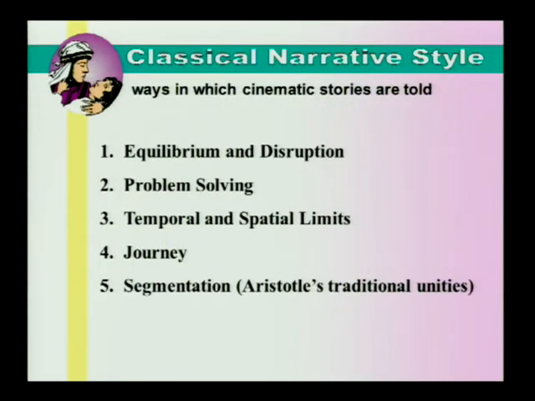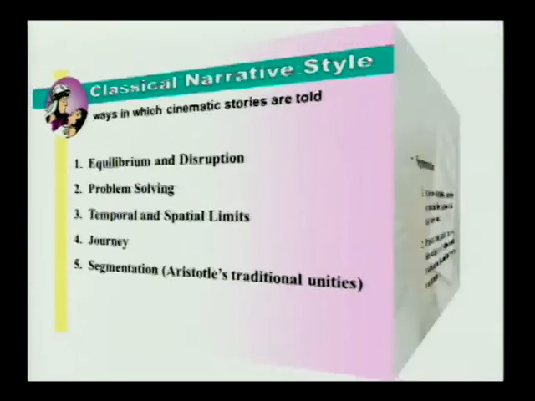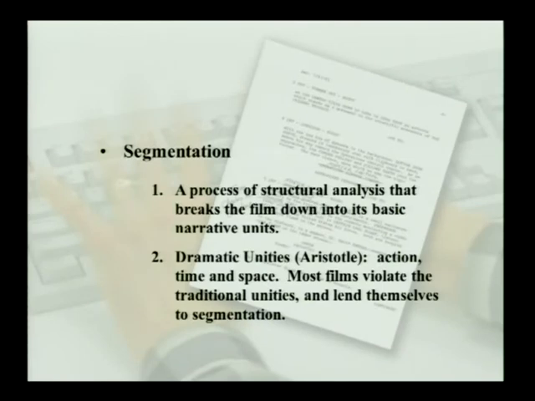Okay, and then finally they talked about Aristotle's traditional unities and how the movies don't bother with them. Segmentation is a process of structural analysis that breaks the film down into its basic narrative units. And making a film is essentially that as well. As you know, if you're involved in filmmaking, you understand that.